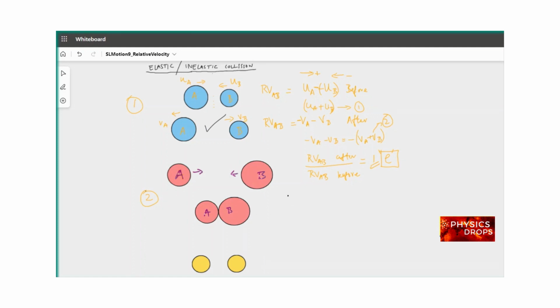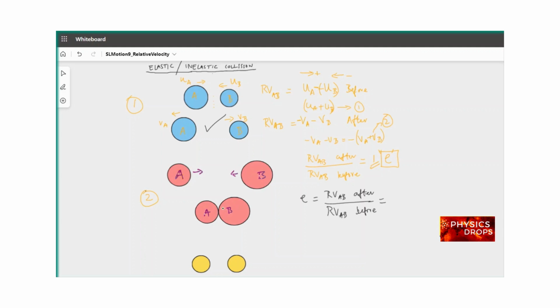In such cases, the coefficient of restitution is the relative velocity of A with respect to B after the collision, divided by the relative velocity of A with respect to B before the collision. If it is perfectly inelastic, what does it mean?